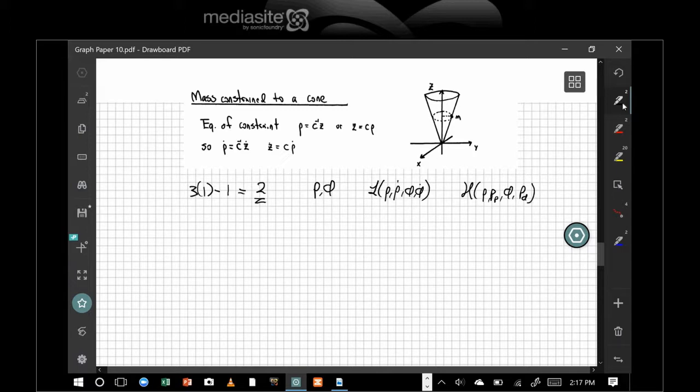Now what we're going to find is that L is going to be cyclic in phi because there's no torque acting on it. So my Lagrangian is going to be a function of rho dot and phi dot, and my Hamiltonian in the end is just going to be a function of rho and p sub rho.